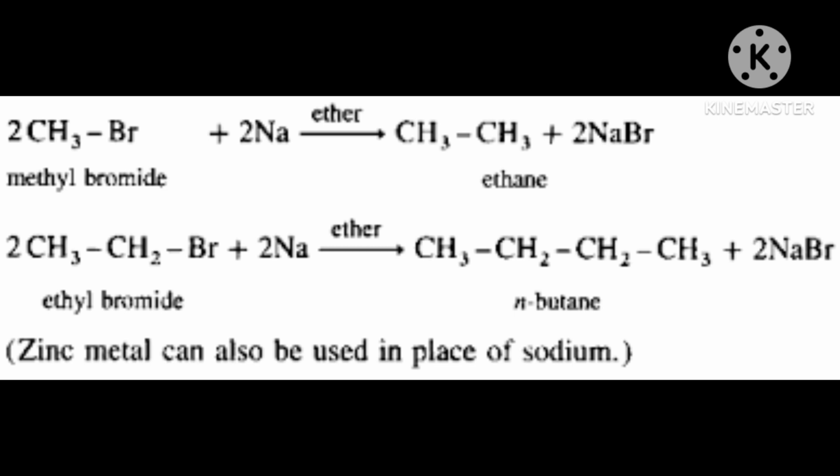Again, the sp2 hybridized carbon with greater s character can hold the electron pair of the C-X bond more tightly than sp3 hybridized carbon in haloalkanes, which has less s character.